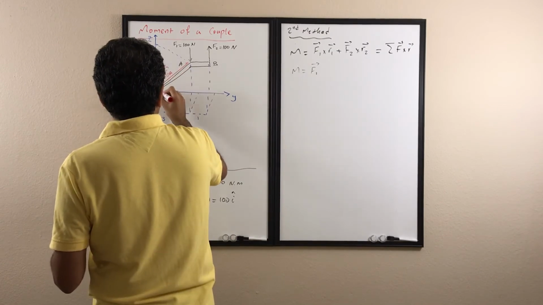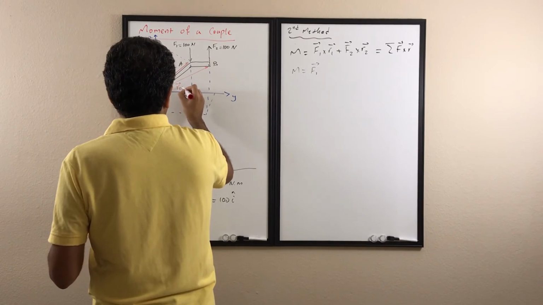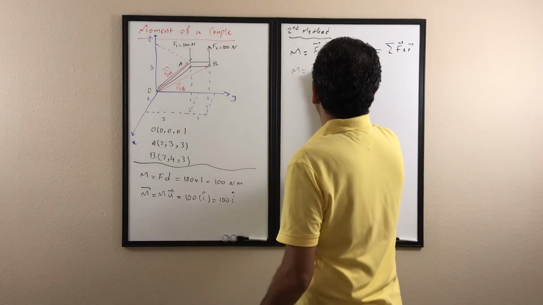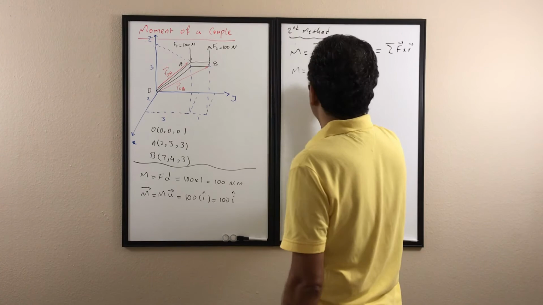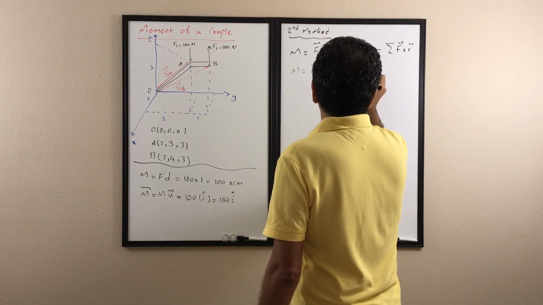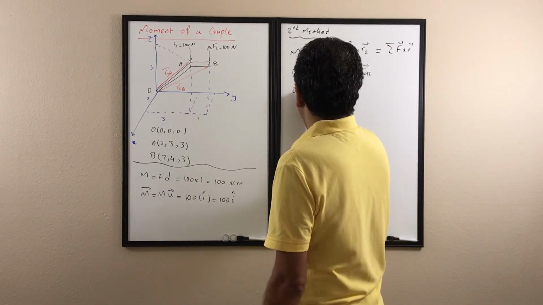And for point B, this is the position vector, OB. So for F1, it's ROA, plus for the second one, F2 times ROB.